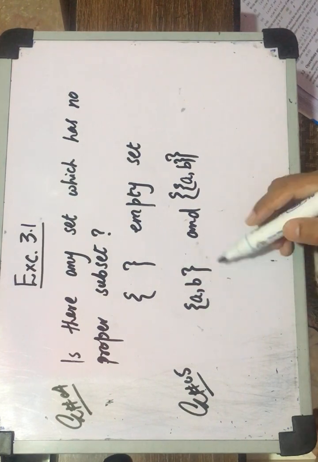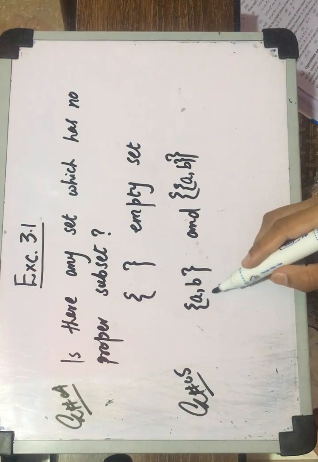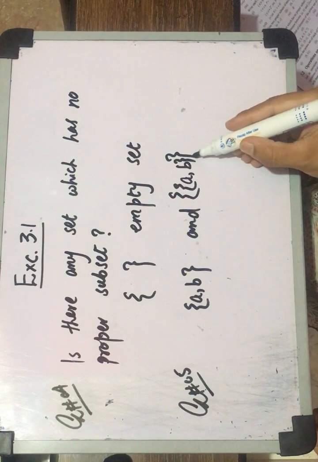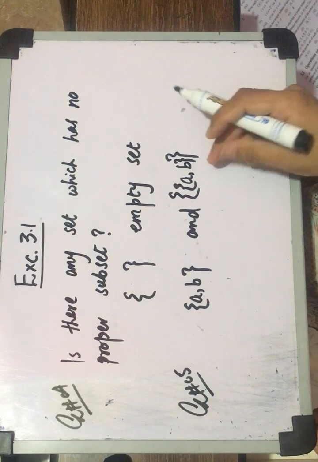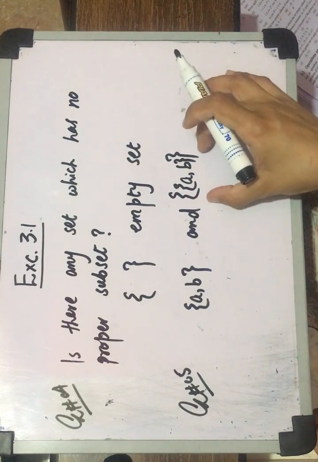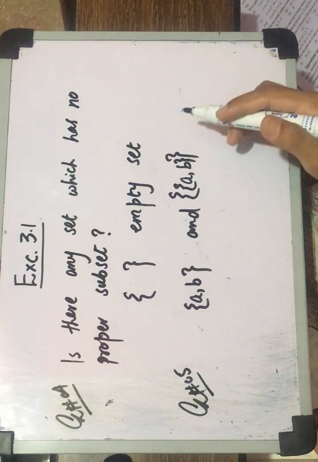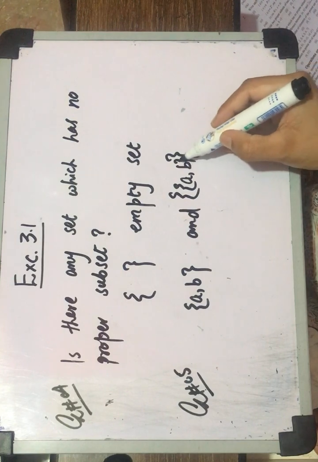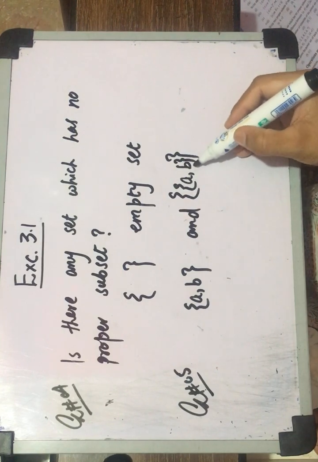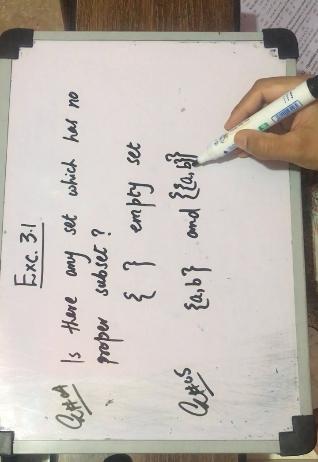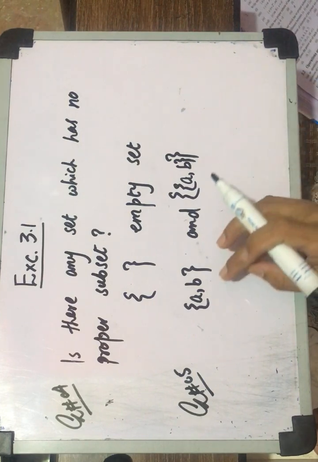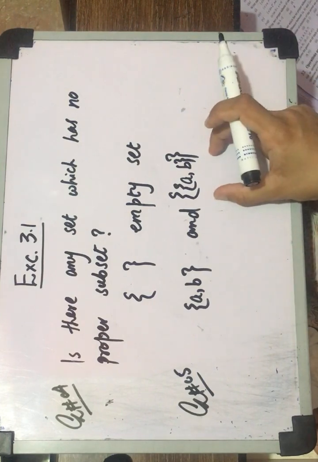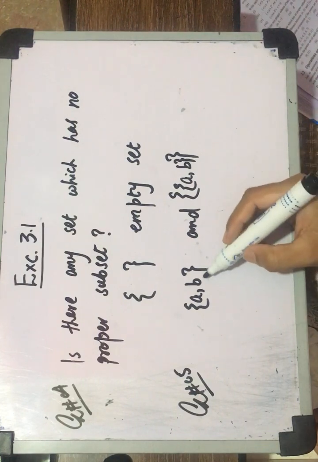What does this mean? It means a set having 2 elements, and this is a set which is present in another set. And if we talk about this set, then in this set only one element is present. This is a set having 2 elements, and this is a set having only one element.